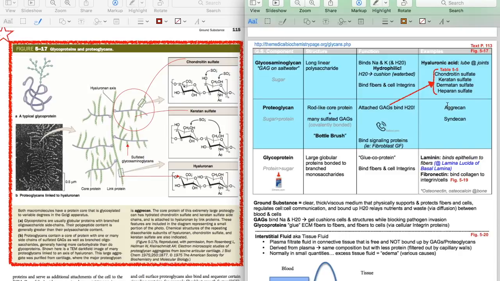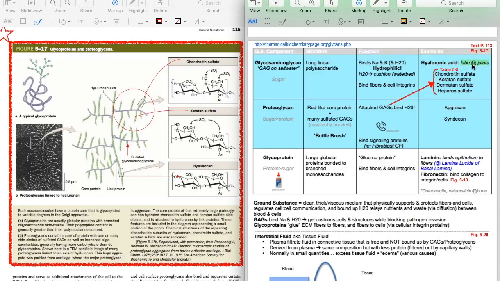Now coming over here to this example, you guys, please understand that the examples column here is talking about literally examples of names of the thing on the left side. So examples of glycosaminoglycans are hyaluronic acid, the big one, the most common in the body, the biggest GAG in the body.